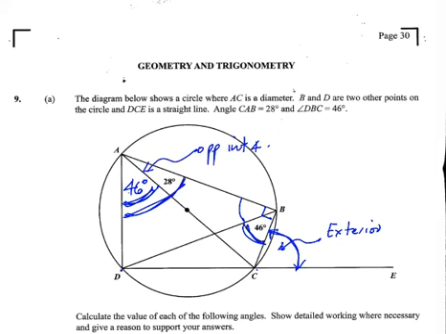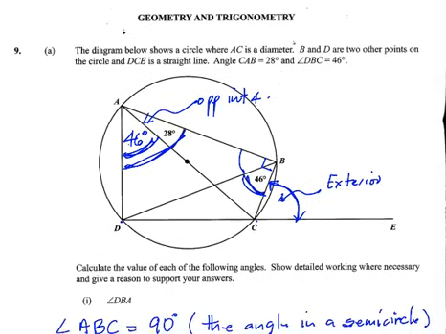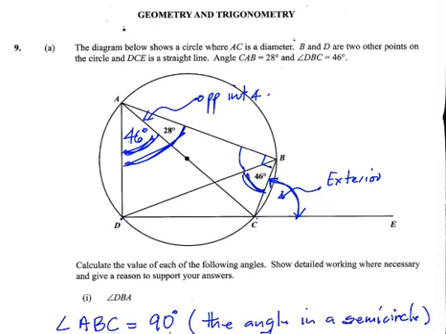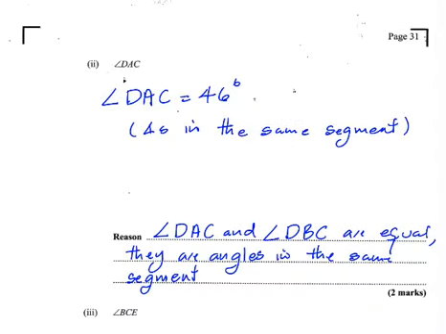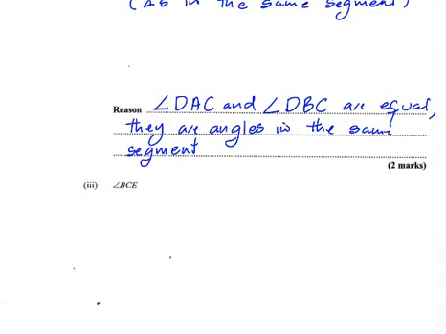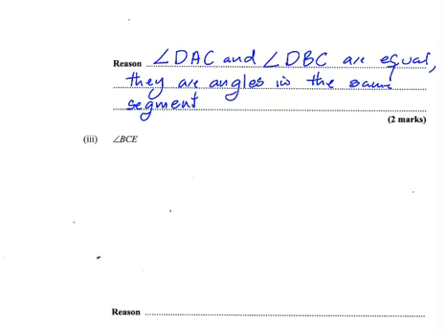Alright, and the exterior angle of a cyclic quadrilateral is equal to the opposite interior angle. Alright, so we can then write that in to say that angle BCE is equal to 46 plus 28 is equal to 74 degrees.